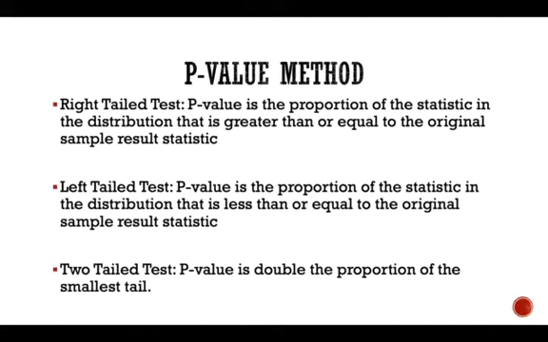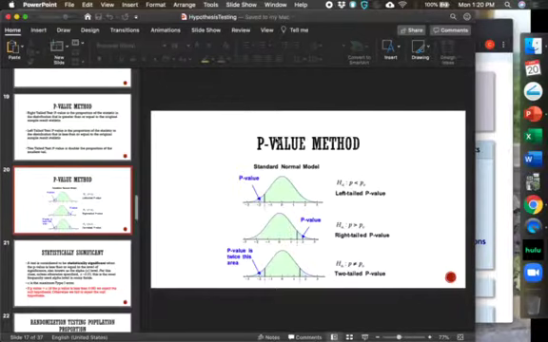P-value method. If I have a right-tailed test, the p-value is simply the proportion of the statistic in the distribution that is greater than or equal to that sample result, that sample statistic. Another easy way to state that, it's the area to the right.